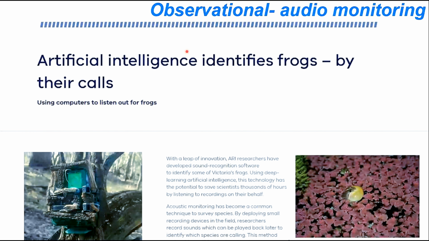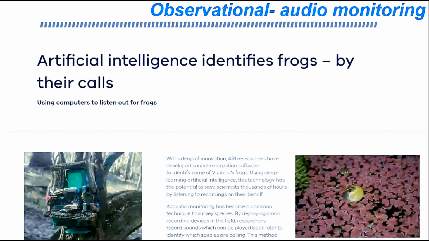Now the next method is audio monitoring. You must have learned that frogs and birds sing or make sounds. So we have some instruments that we place in the field, in areas where we know we can find frogs, especially near water bodies and ponds.